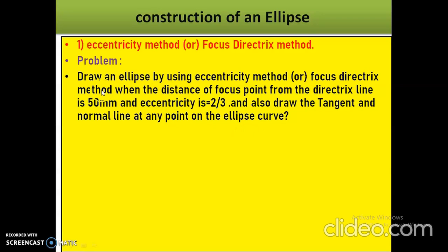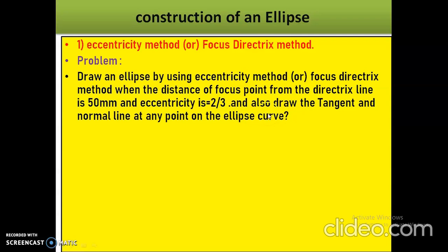Listen carefully. Draw an ellipse by using the eccentricity method. Which method do we have to use? Eccentricity method or general method or focus directrix method. The distance of the focus point from the directrix line is 50 mm, and the eccentricity value is given, that is 2/3.